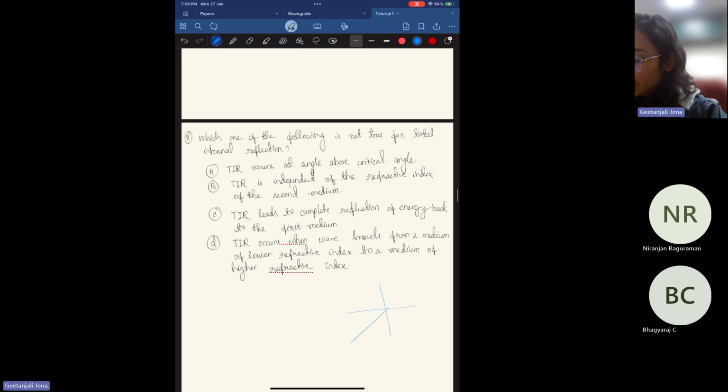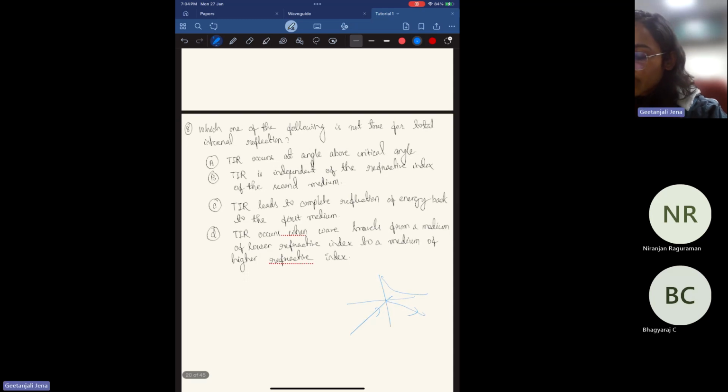So whenever there is a TIR, there is an evanescent wave here. So it is also not correct. And the last option is TIR occurs when wave travels from a medium of lower refractive index to a medium of higher refractive index, which is also not correct because it only occurs whenever the wave travels from higher refractive index to a medium of lower refractive index.